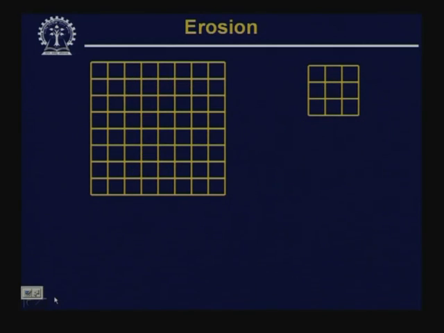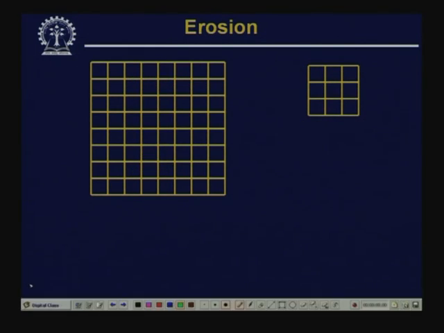Now, let us see how this erosion can be applied in the image processing operation. Again, let us take a particular image of this form. Say I have an image like this. Then say I have few pixels over here and I have some distributed pixels like this.